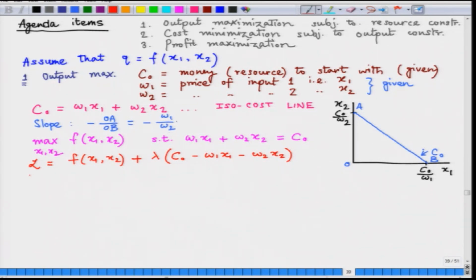So, now what do I need to do? We all know that we take partial derivatives with respect to the decision variables, hence we get, so say this is my equation number 1, then of course the second one will follow.